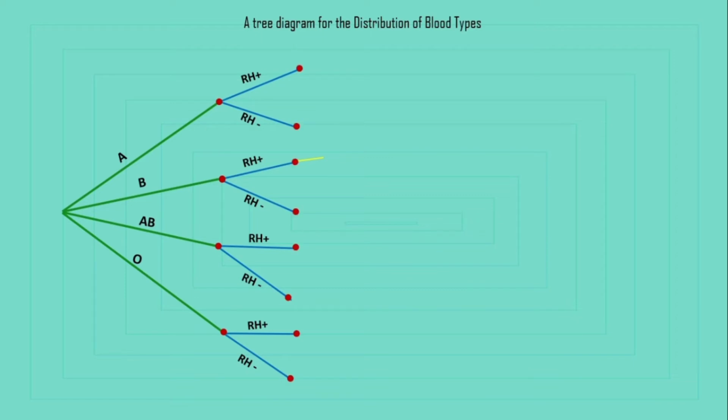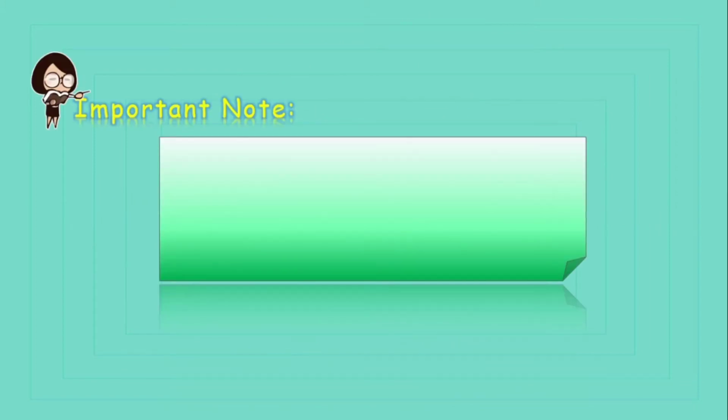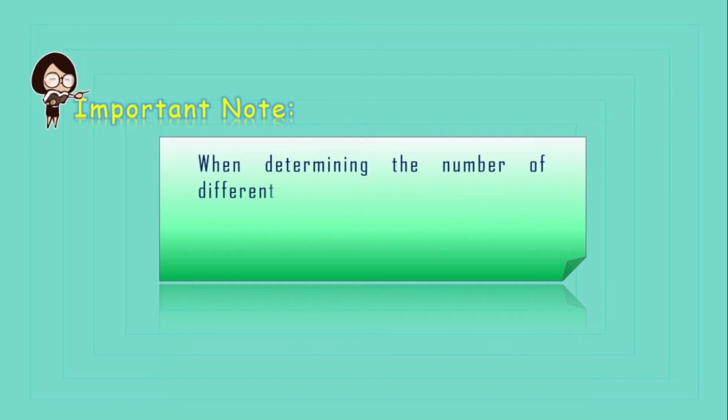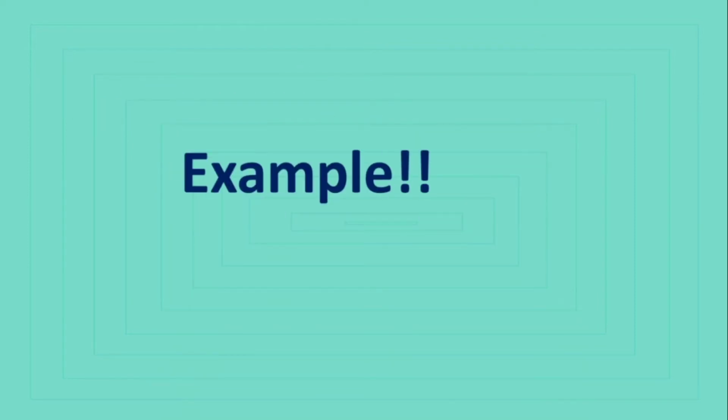And in every Rh, the donor can be male or female, resulting in 16 different ways a donor can have his or her blood labeled. We have here an important note. When determining the number of different possibilities of a sequence of events, you must know whether repetitions are permissible. To further understand, let's have an example.